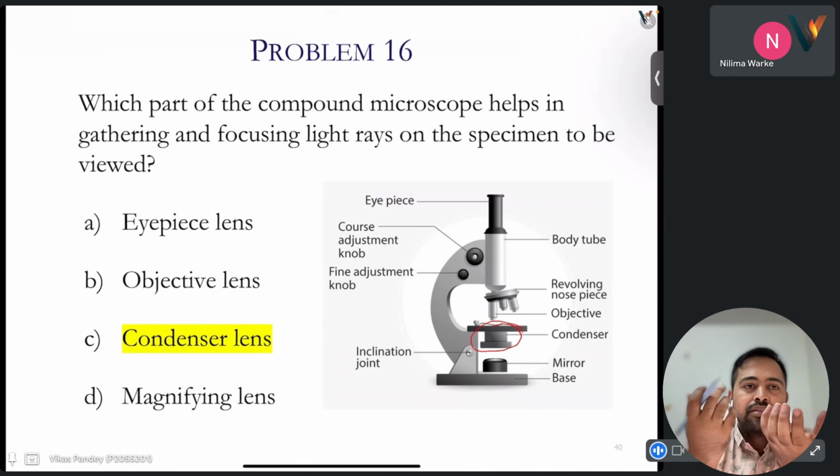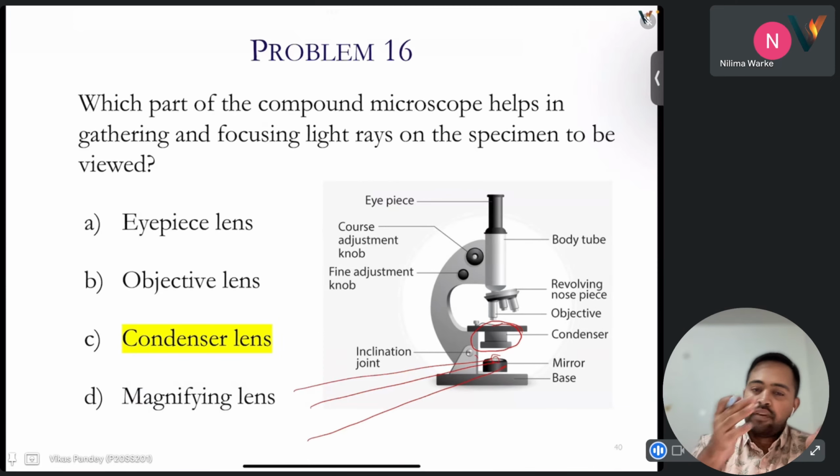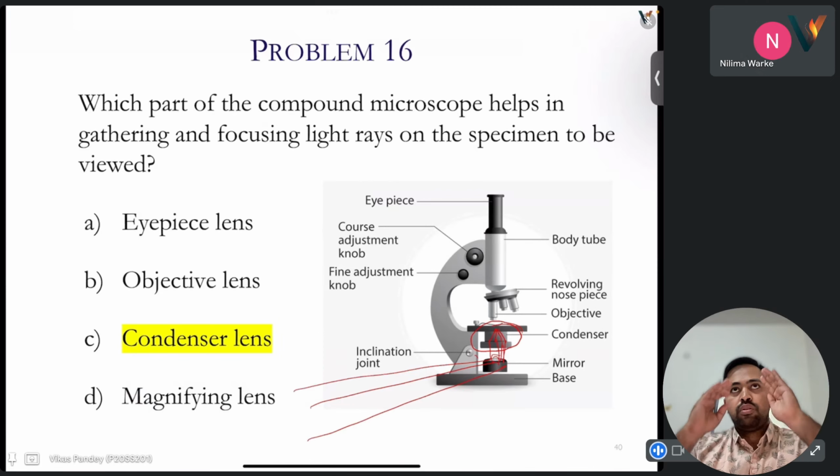It is simply a lens. If we say this is a mirror and light is coming from an infinite source, very far away or from the environment, the reflected light will all be parallel. To make it focused like this, we focus it onto the specimen.